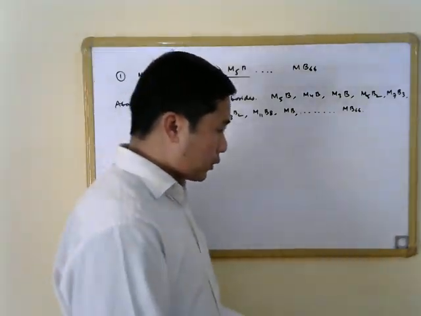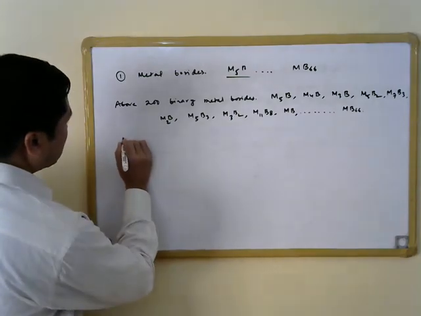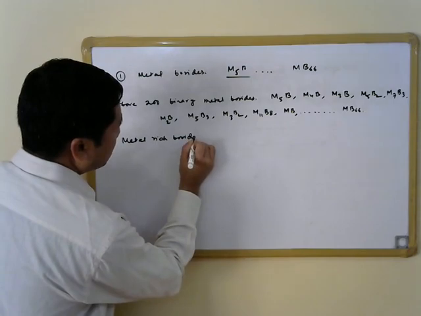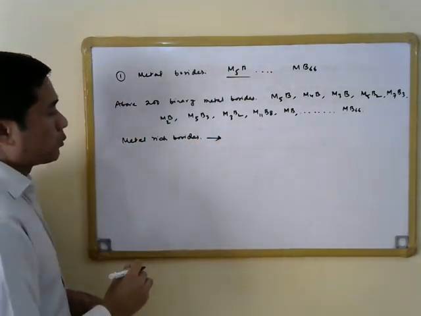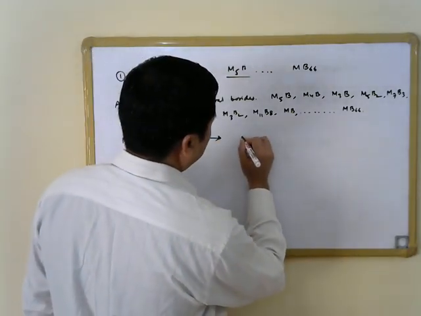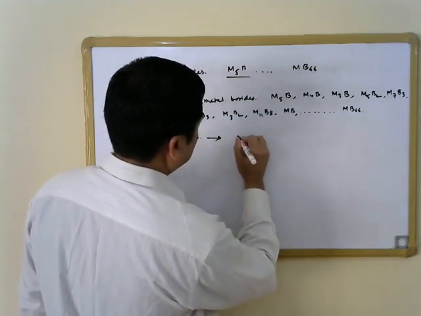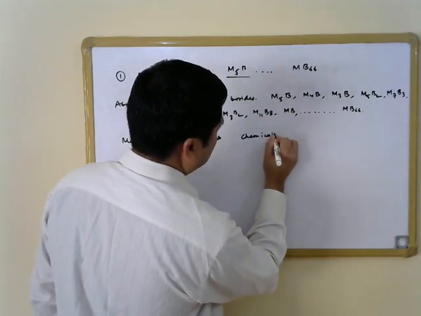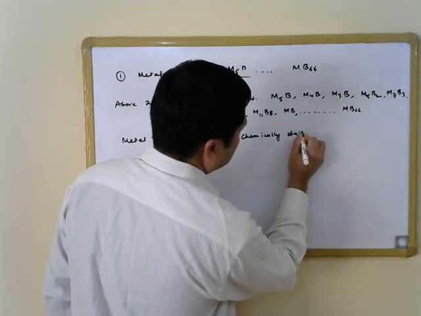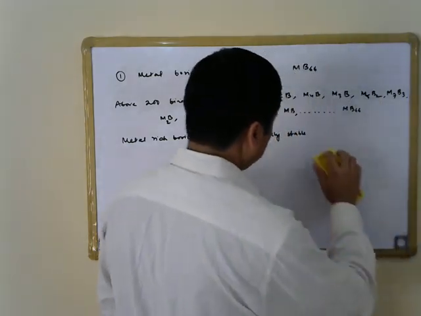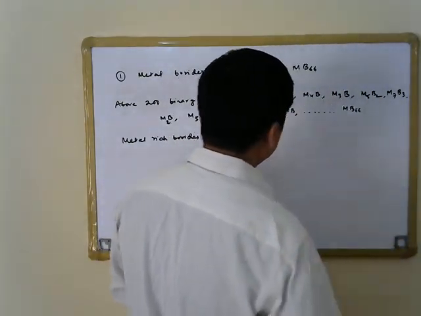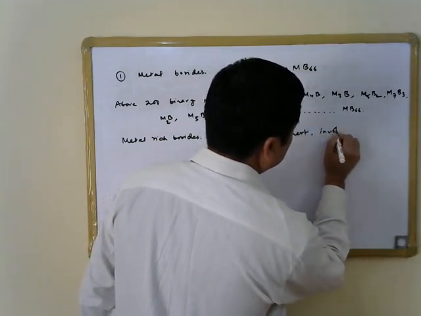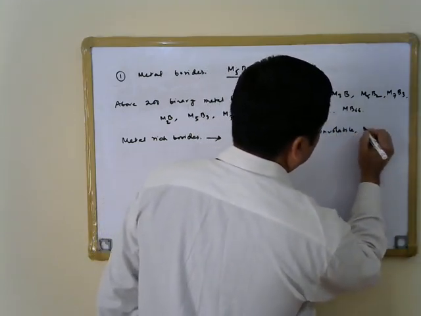For example, if we take the metal-rich borides, they have properties like being highly chemically inert, involatile, and refractory.